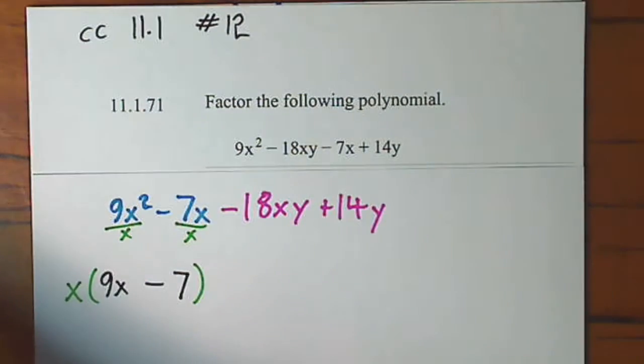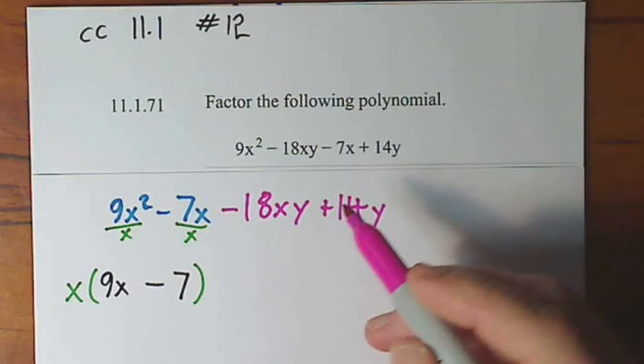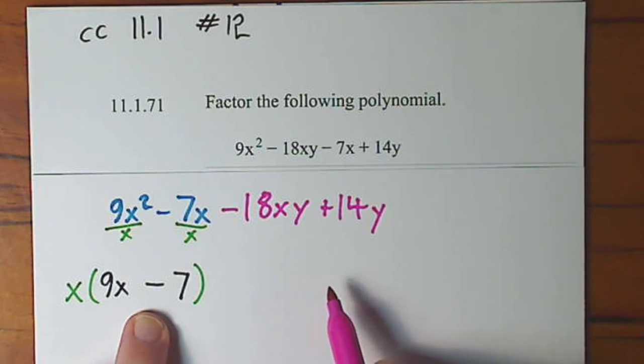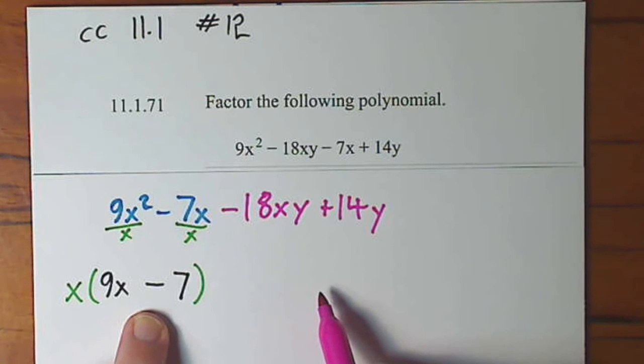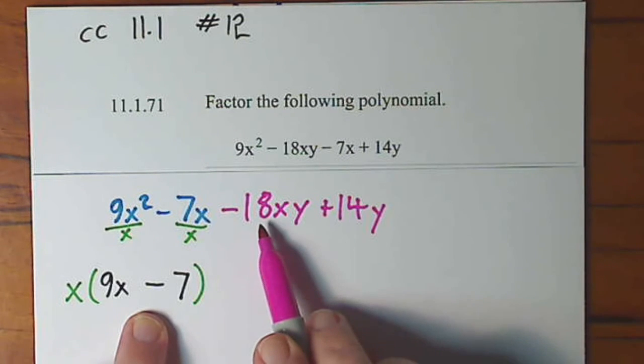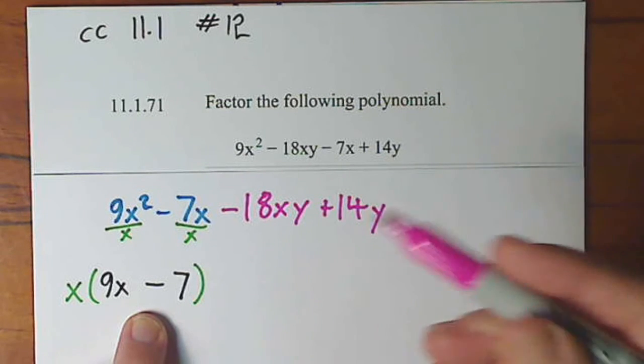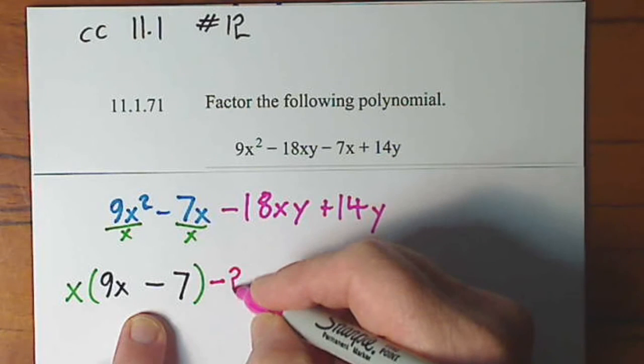All right. Looking at our next two terms, I want to end up with 9x minus 7 in parentheses over here. So if I factor out a 2y, I won't have a minus 7. So I'm going to factor out a negative 2y.